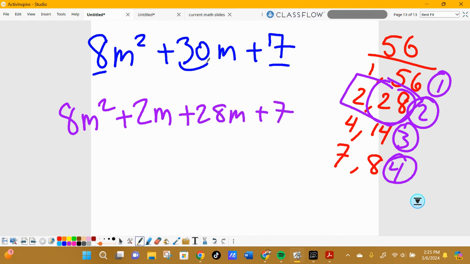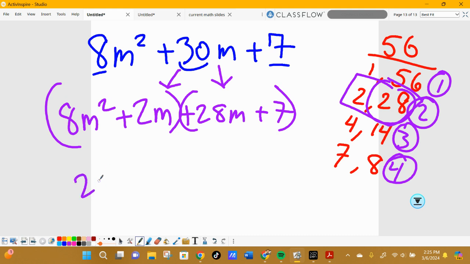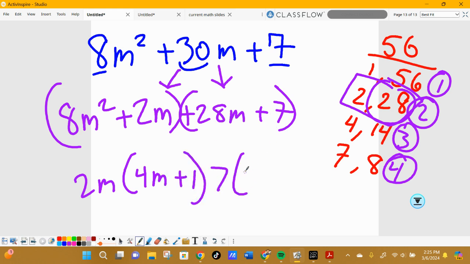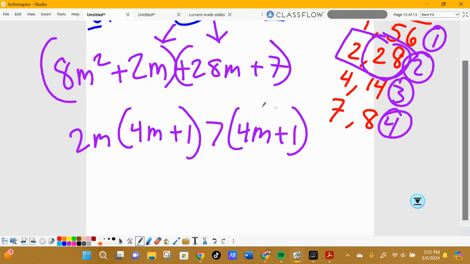So all I'm doing is breaking this down into these two, and then let's group them. What comes out of 8m squared? I can take out a 2m, which gives me 4m plus 1. What comes out of this? I can take out a 7, which gives me 4m plus 1. Once these two match, we know we did it right.